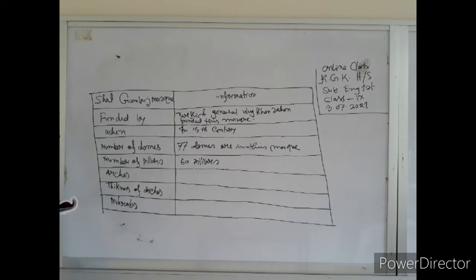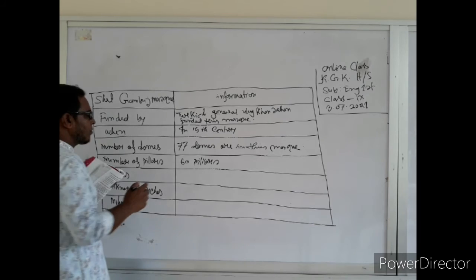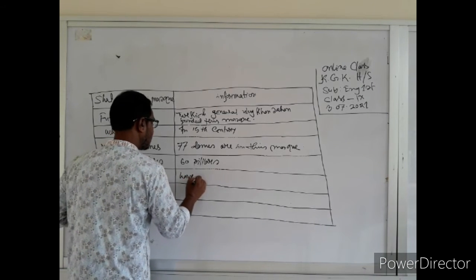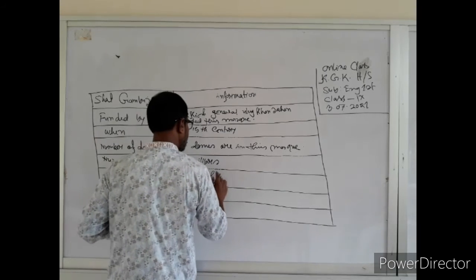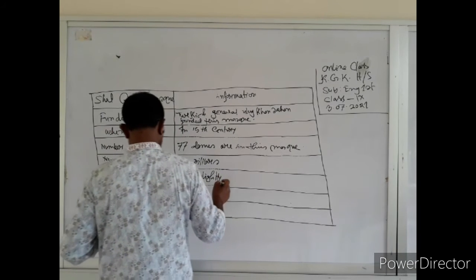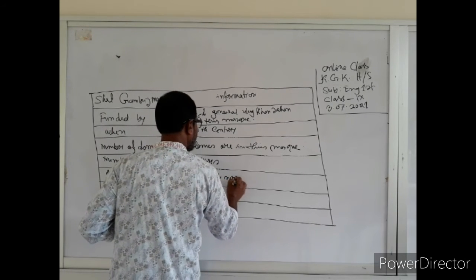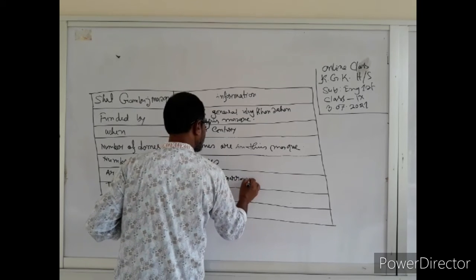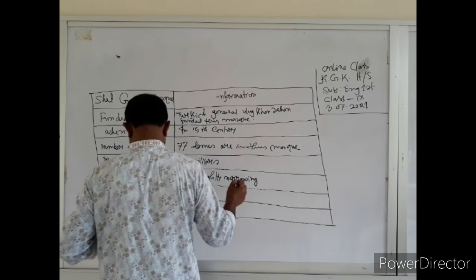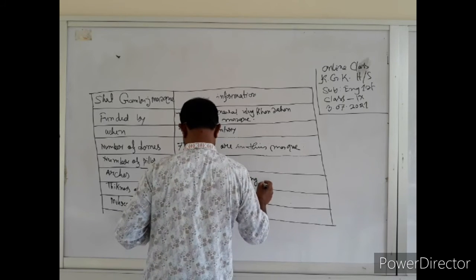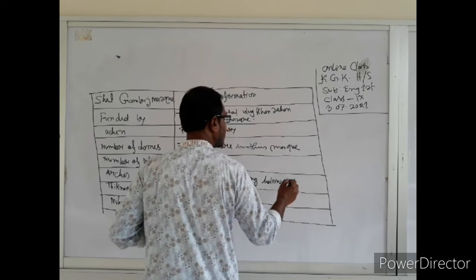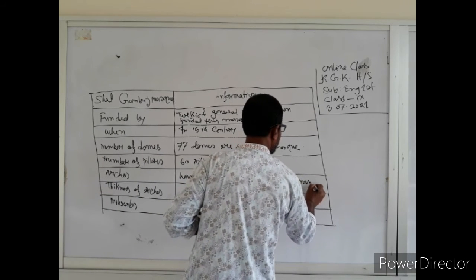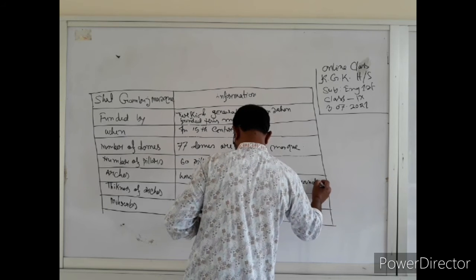Next, walls. What is the condition of the walls? They are slightly narrowing, hollow and round.